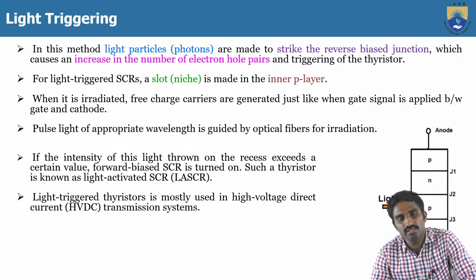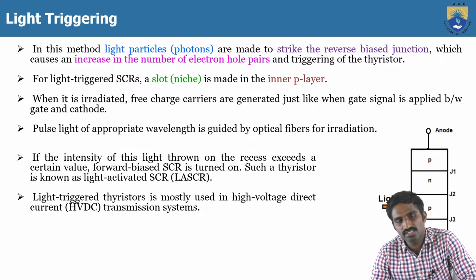At a particular intensity of the light that we are throwing into the inner P layer, the thyristor will get into conduction, which means it will turn on.